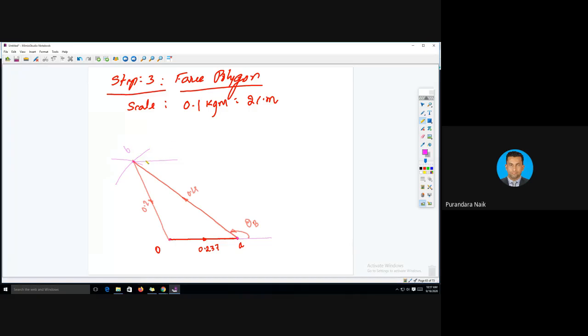And the corresponding angle will be theta C.